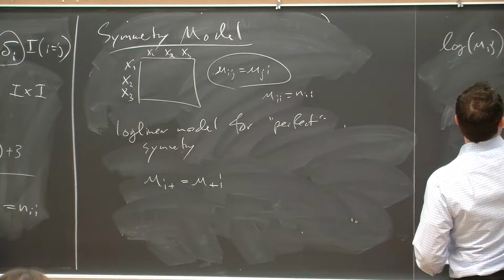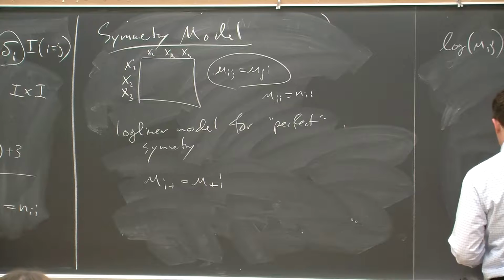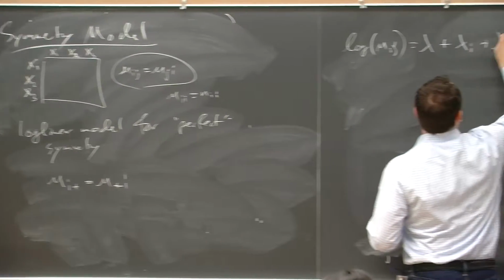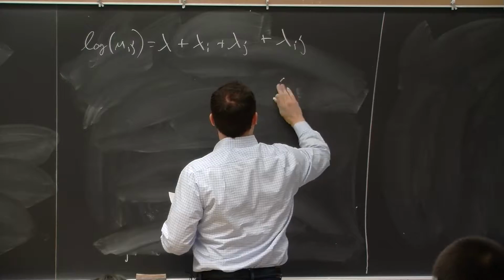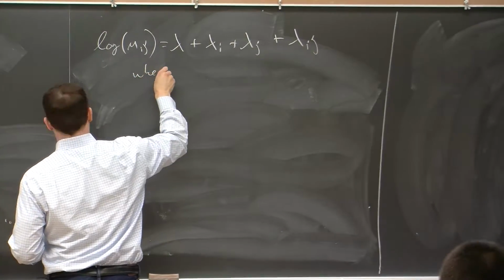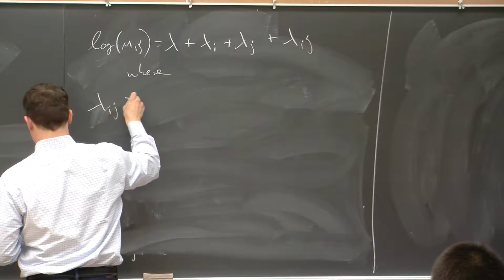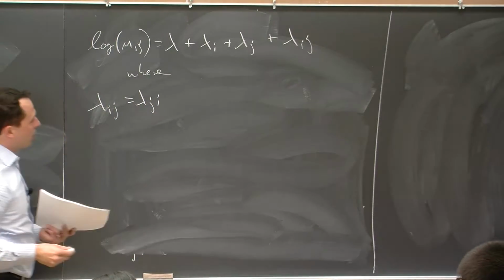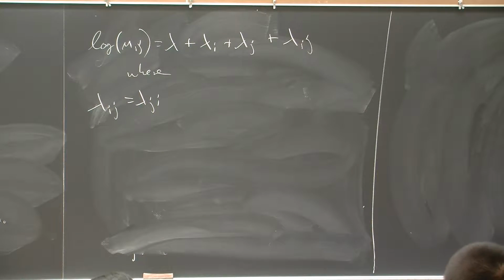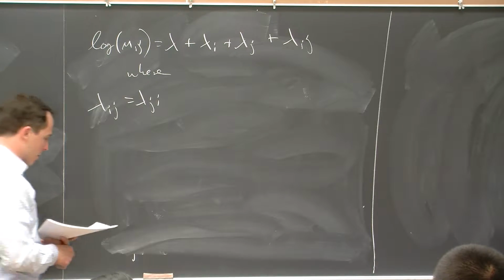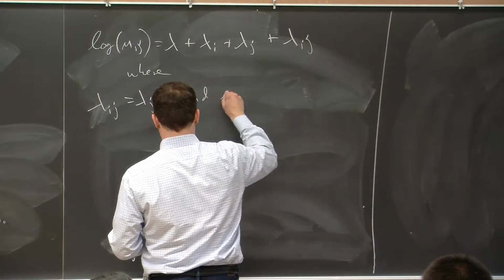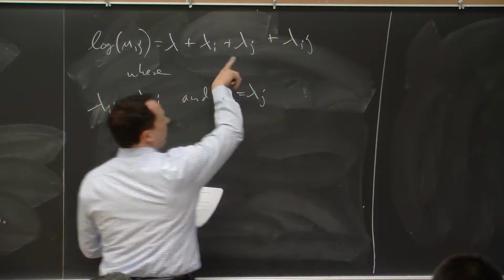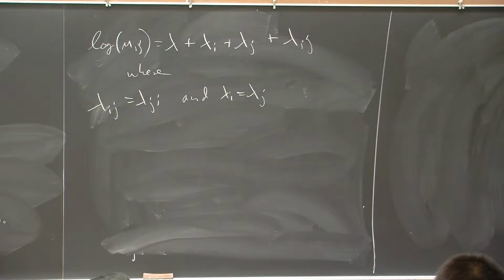Our log counts, but we have some constraints. We only really have one parameter for each unordered pair of i and j, and one parameter for each of these diagonal entries. So there's no difference between x and y, between Siskel and Ebert in their distributions.